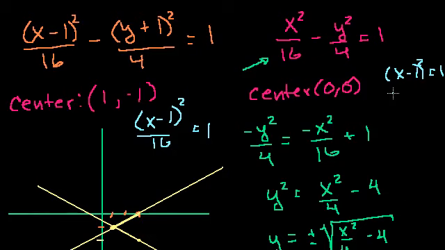Take the square root of both sides. x minus 1 is equal to positive or negative 4. And so if x minus 1 is positive 4, if you add 1 to that, x would be equal to 5. And then if x minus 1 is minus 4, and you add 1 to that, you would have x is equal to 3.